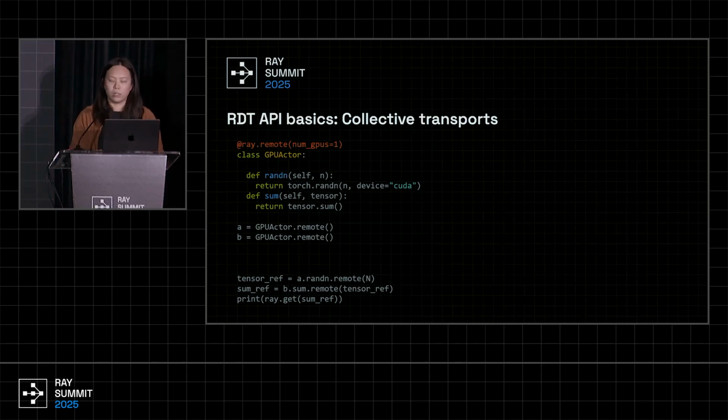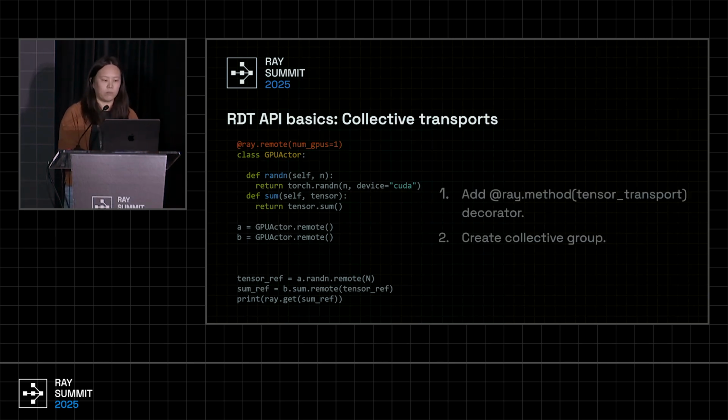First, looking at collective transports. This is a standard Ray program where we're creating 2 GPU actors, submitting a task on one, and then sending the result to another. And here, that first task returns a torch tensor that lives in GPU memory. So the way to enable RDT is, in this case, we have 2 steps for collective transports.